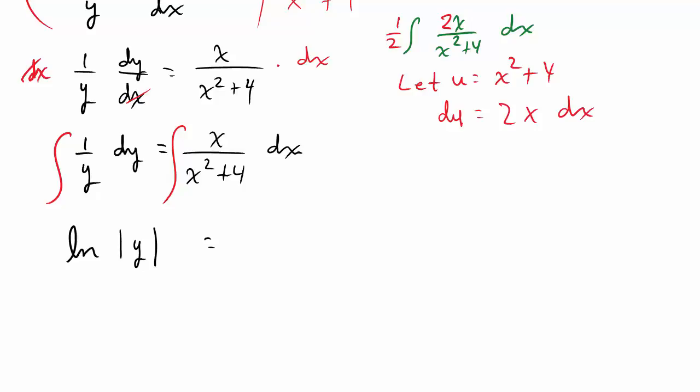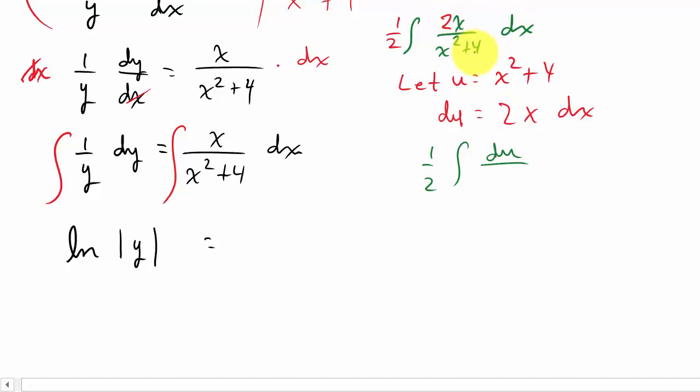Okay, and so now you can see that I would have 1/2, and then the 2x dx, that's just du over, and then the x squared plus 4 is u. Okay, so that's going to give me 1/2 natural log absolute value of u, which would be 1/2 natural log and then x squared plus 4.